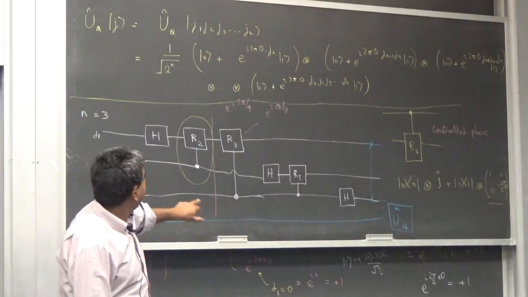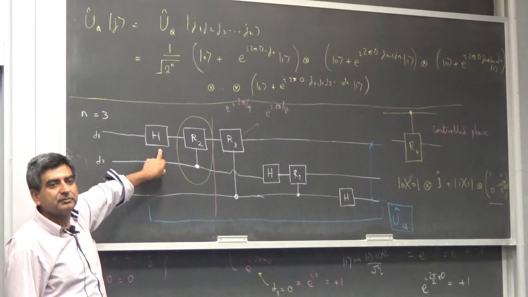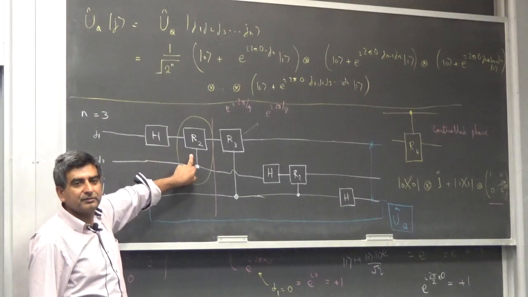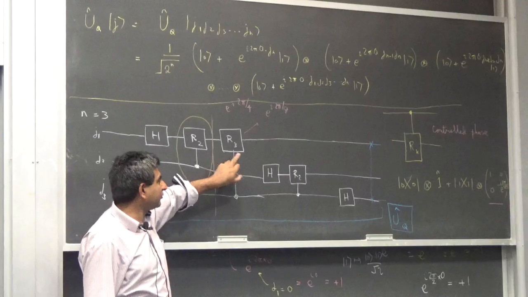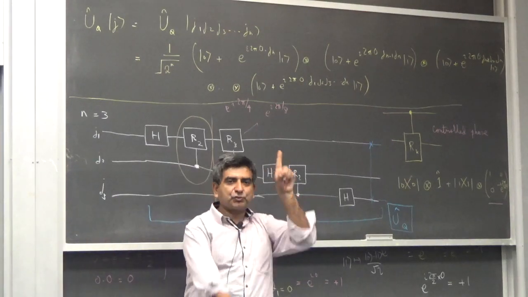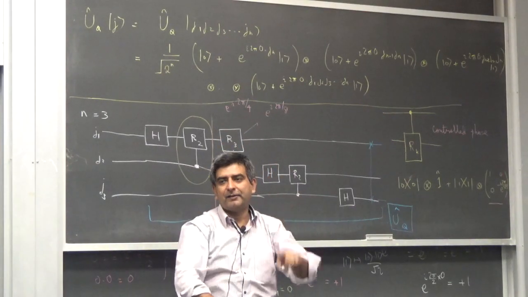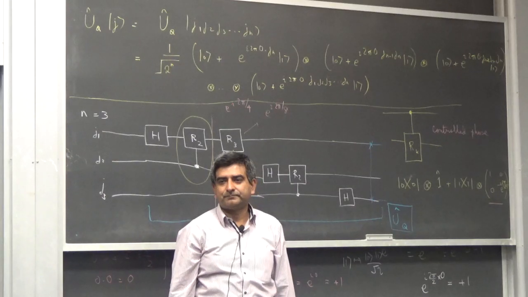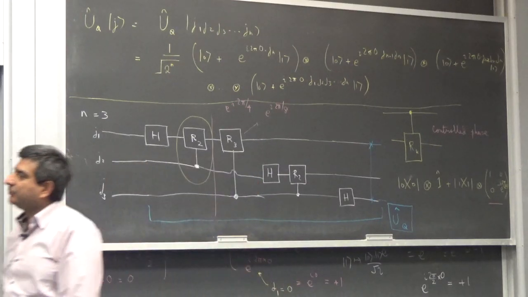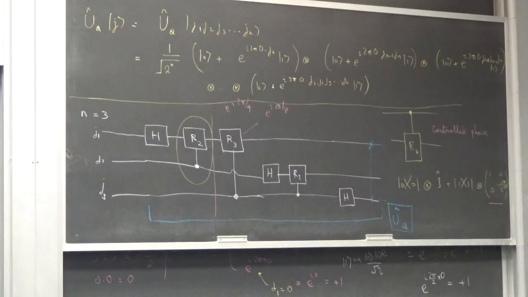So all of this, is this a unitary gate? Yes, all of these gates are unitary. Is the swap gate unitary? Can you please write down the matrix for a swap gate?